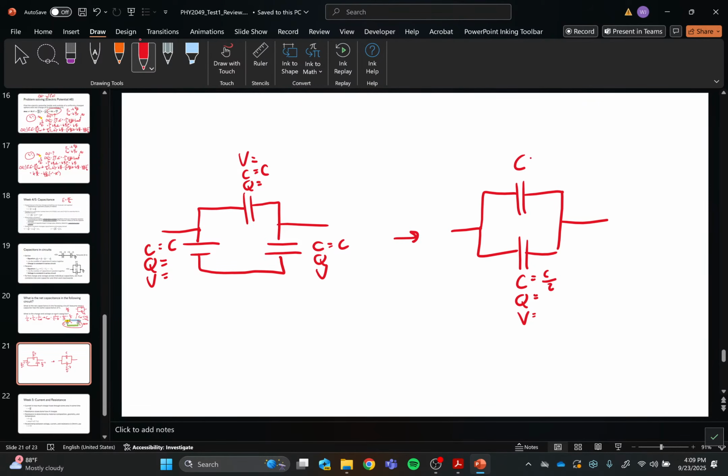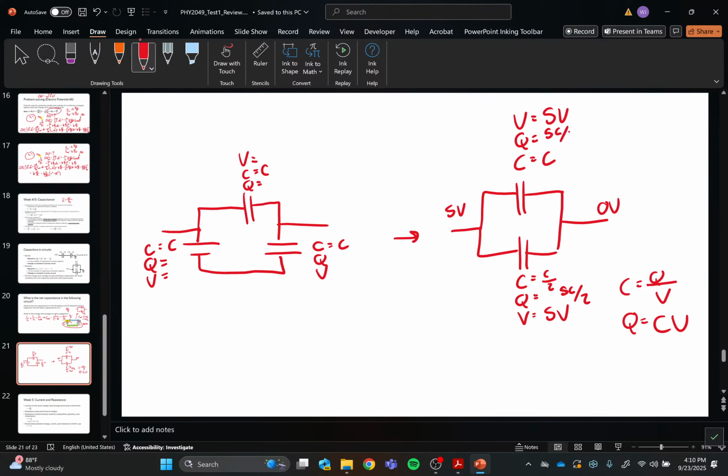Fun fact, we didn't actually need to combine these. What's the voltage drop across these, even without combining them? It's just 5. So you actually don't even need to combine them to figure this out. Then you can do C equals Q over V, so Q equals C times V. That equals 5C over 2.